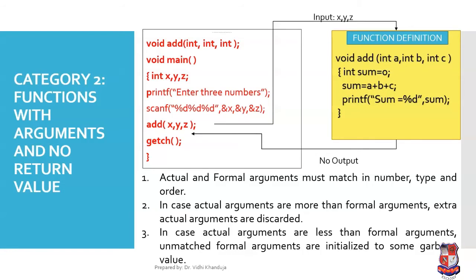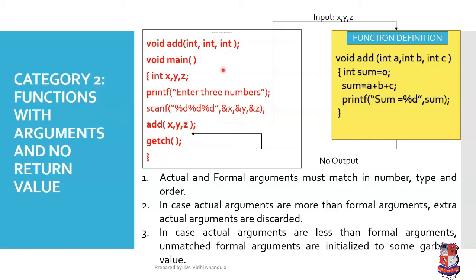Let's move on to the second category, that is function with arguments and no return value. So there are arguments, that means some data is being transferred from main to the called function, that is add, right? So what we are passing? We are passing the actual arguments, that is the value of A, B, C, whose sum is to be calculated, the three numbers, right?